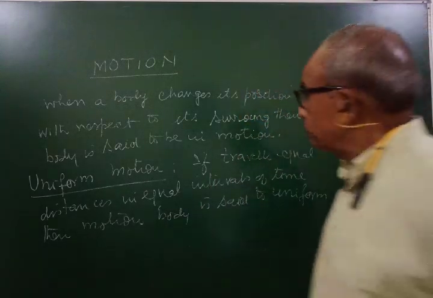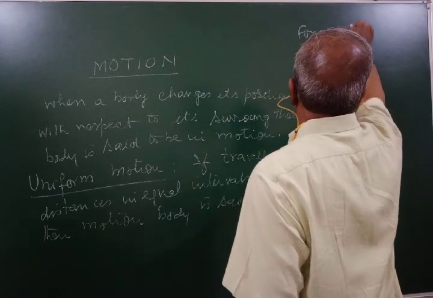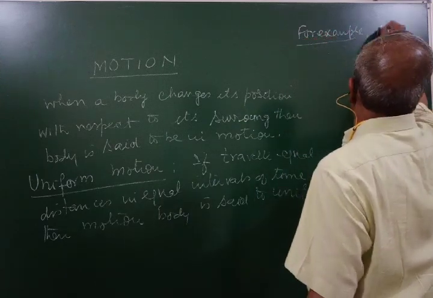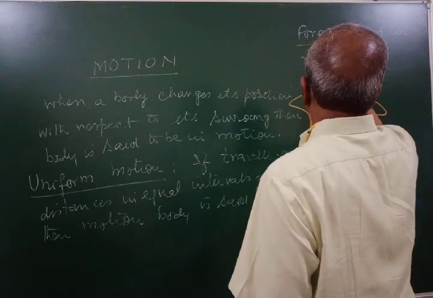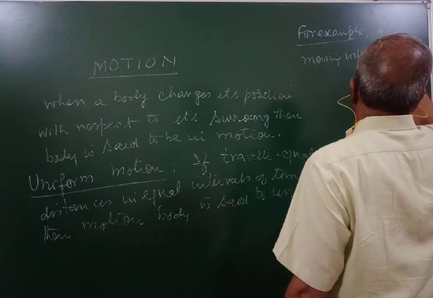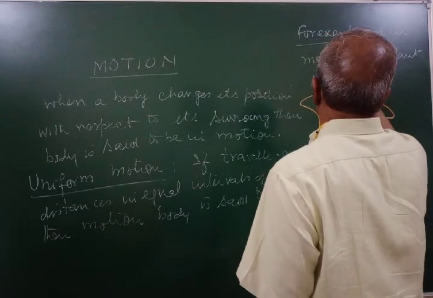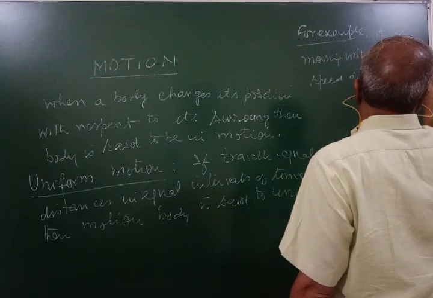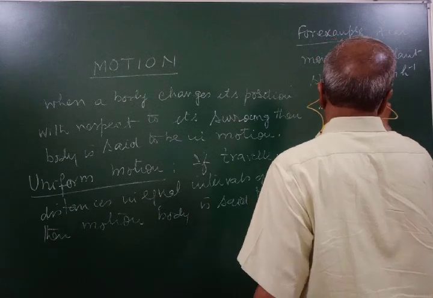For example, a car moving with a constant speed of 60 km per hour has uniform motion.